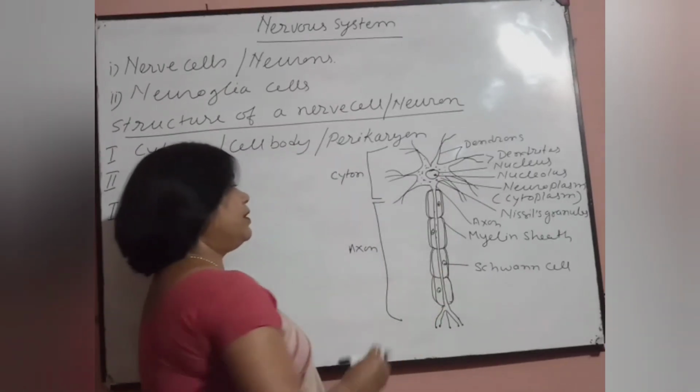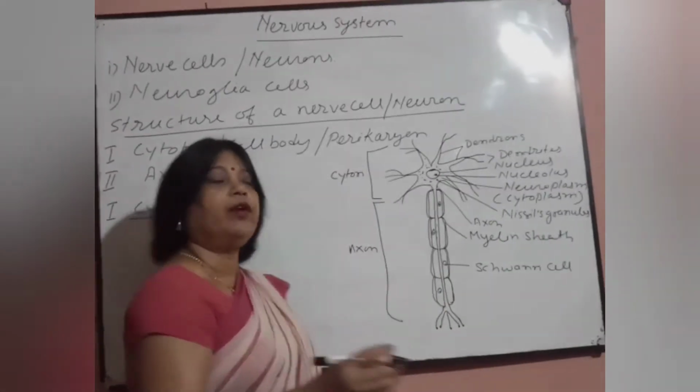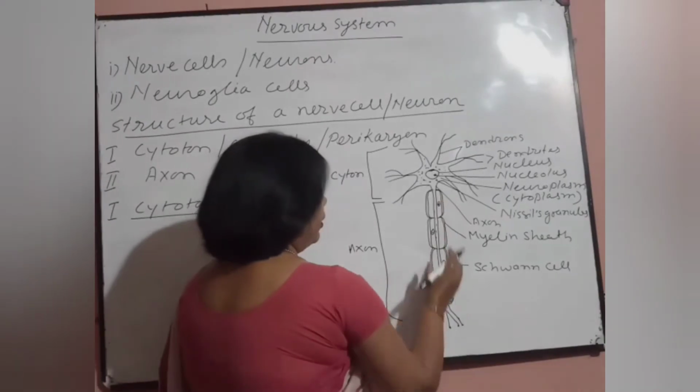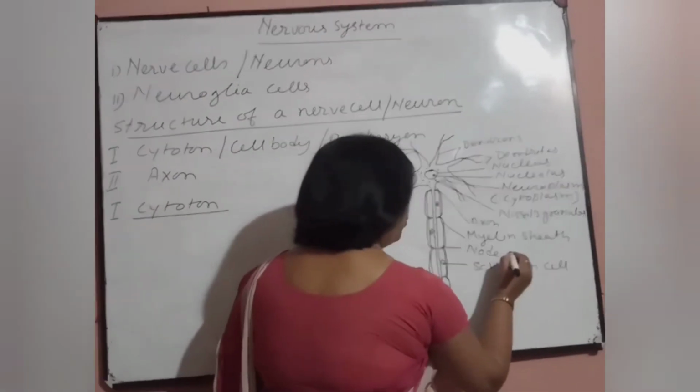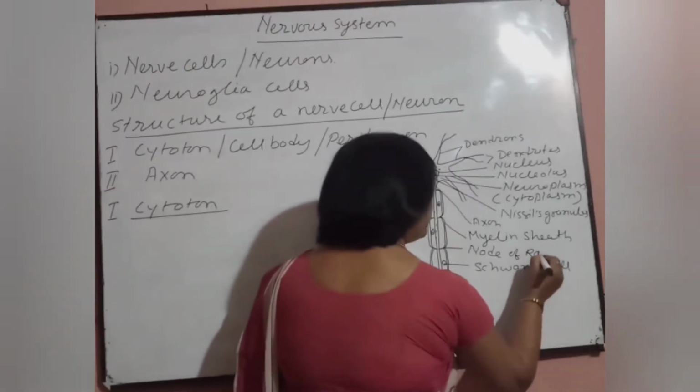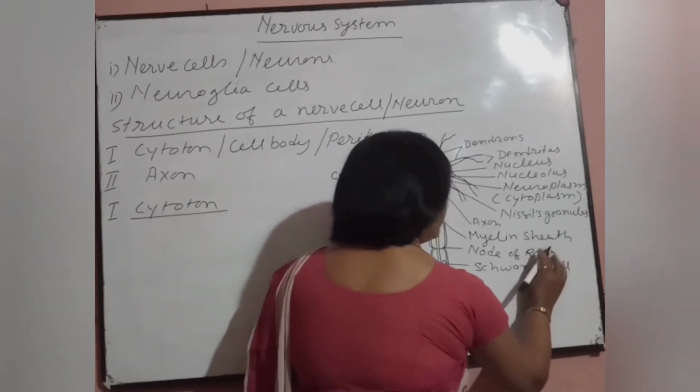This myelin sheath is interrupted at some intervals, which are called nodes of Ranvier.